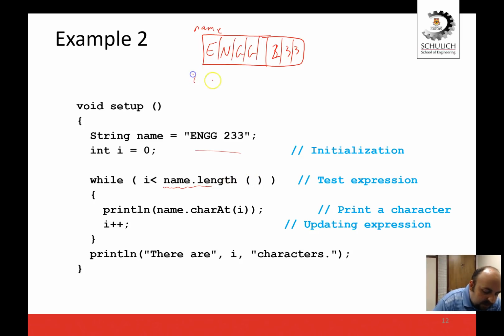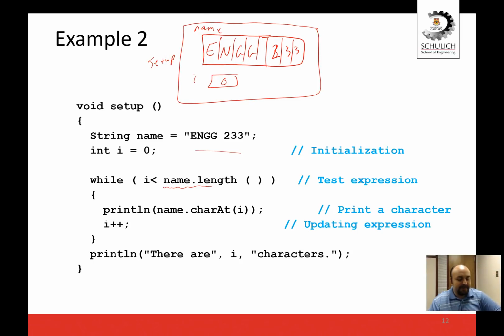So we have I set to 0, and this is all in memory of setup, right? So let me say println name.charAt(I). charAt(I) is charAt(0), and you recall the indices being 0, 1, 2, 3, 4, 5, 6, 7, right?